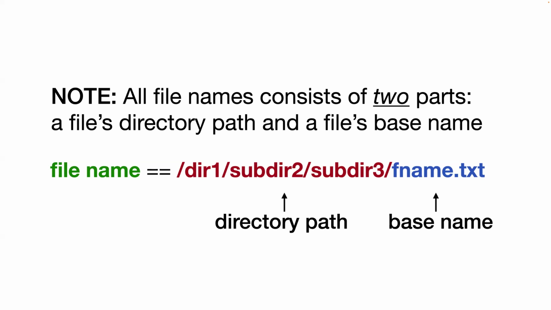Where does a file sit? What subdirectory? How do you get to that file? And then the base name of the file, whatever, my favorite text document in this case. So there's the base name and the directory path. Those two together make up the file name.